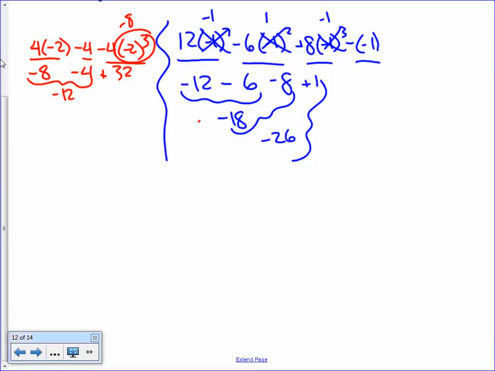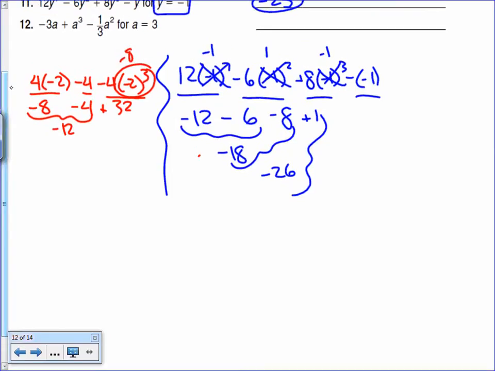And the last one here. So I have negative 3a plus a to the third minus 1/3 a squared for a equals 3. So negative 3 times 3 plus 3 to the third minus 1/3 times 3 squared. So these we need to evaluate separately.